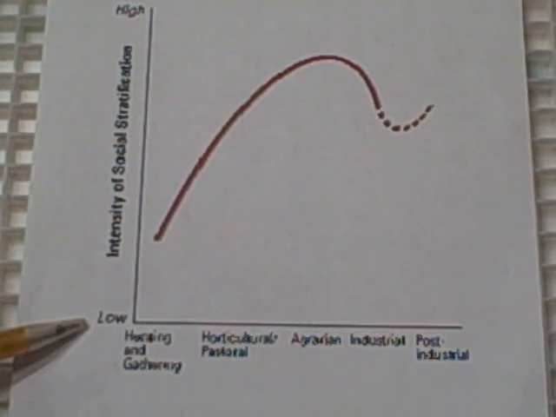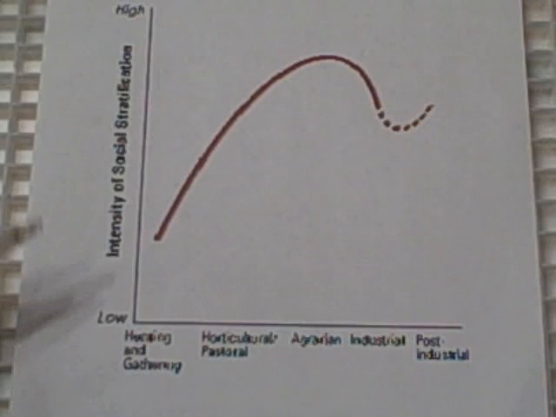If society had a very low level of social stratification, there wouldn't be that much difference between the wealthiest in the society and the poorest in the society. There would be fairly equal power and wealth in that society.